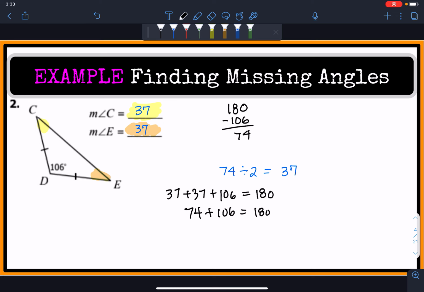So I know this has to be correct. Again, checking the work, these two being equal, the remaining angle measurement of 74 has to be divided into two equal parts.